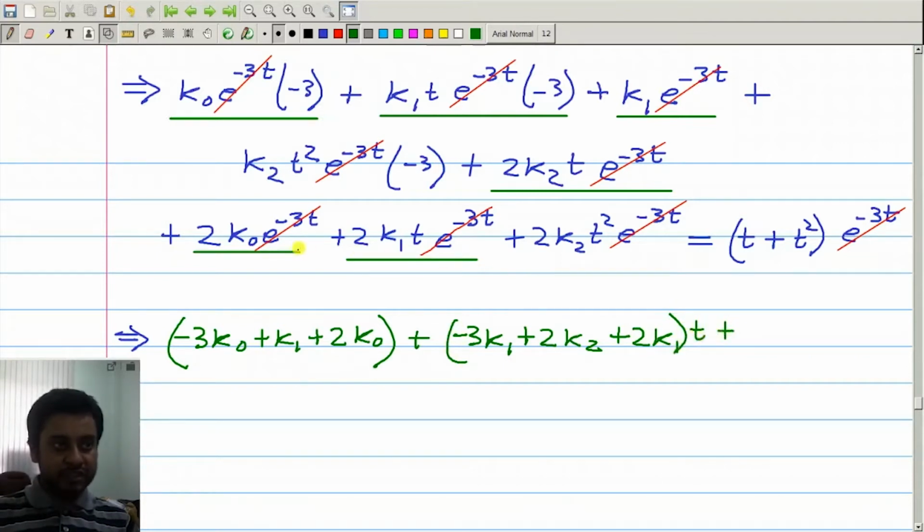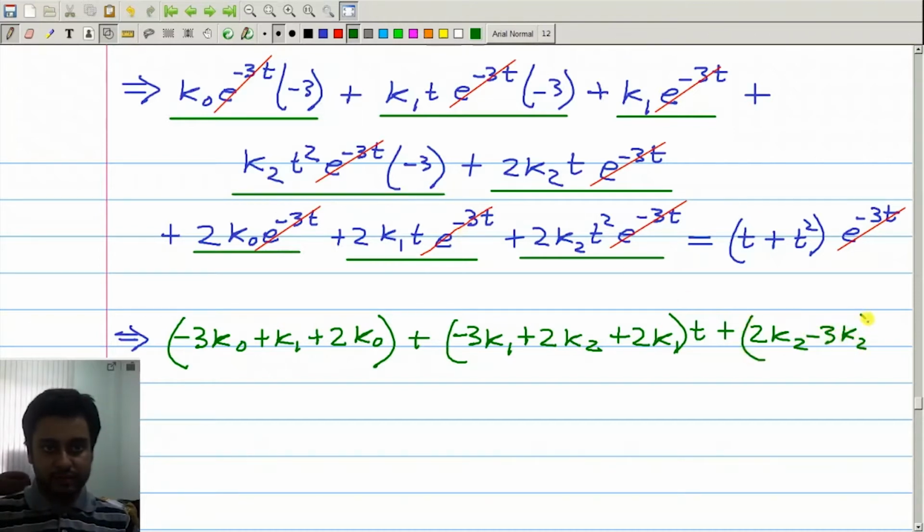And with t square we have 2k2 and minus 3k2. This is equal to t plus t square.